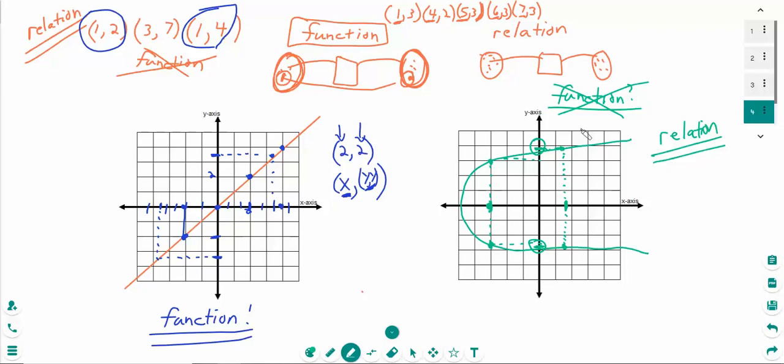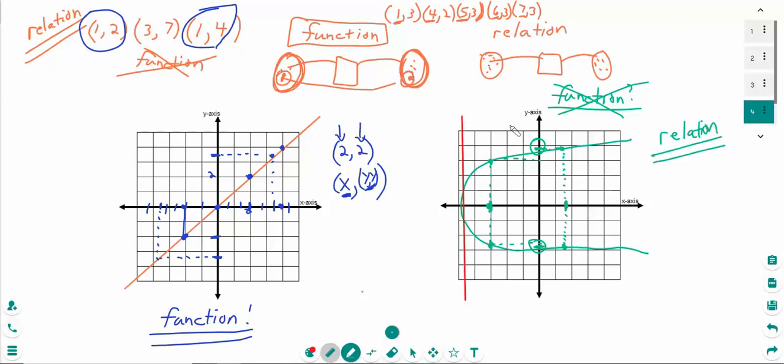Okay? So with that being said, what's a quick and easy way of deciding if a graph is a function or not? Well, there's a nice trick that we often use in algebra, and that is called the vertical line test. All right? The vertical line test means that if you look at the graph, anywhere, try to draw some lines straight up and down.